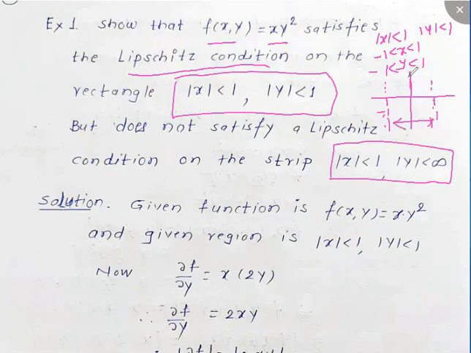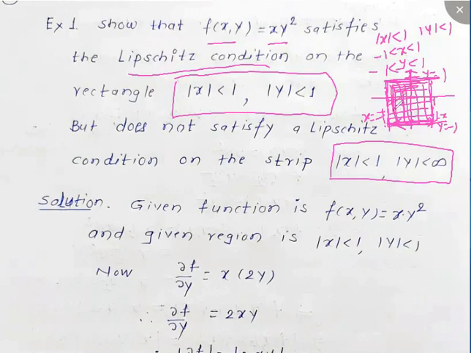And suppose this is y equal to 1, this value on the y-axis is y equal to 1, and this value is -1. So y lies between -1 and +1, and x lies between -1 and +1. So we get this rectangle.